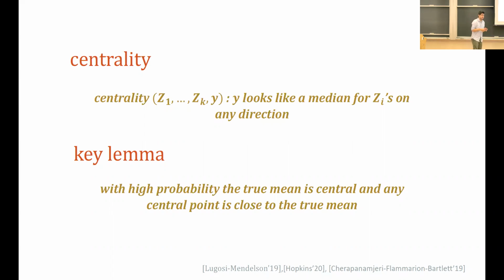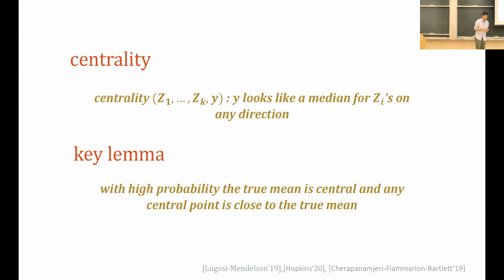How do we define a high-dimensional median? A point y is a high-dimensional median for z1 to zk if it looks like a median in any direction that you project these points on. So it's going to fall, say, between the 40th percentile and the 60th percentile in every direction. That's a high-dimensional median.